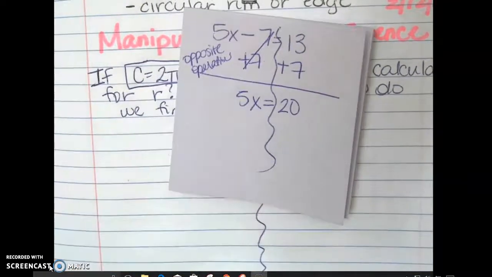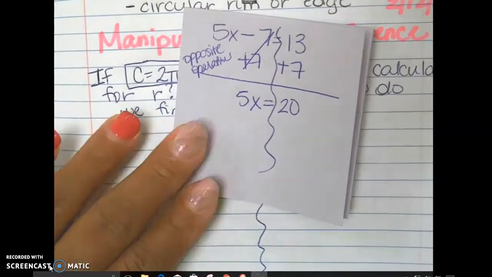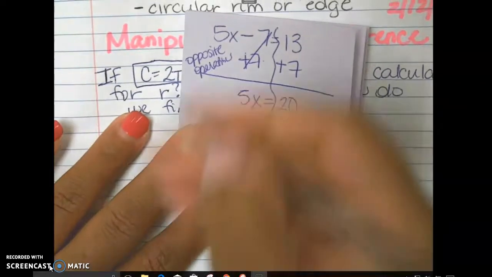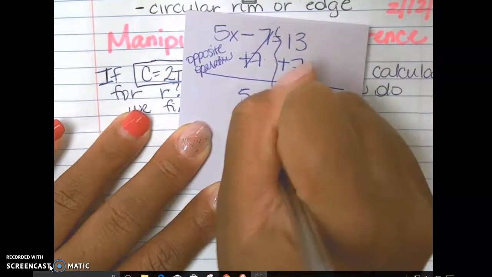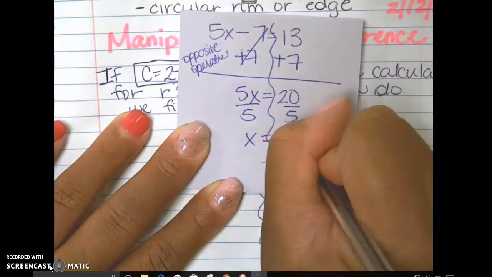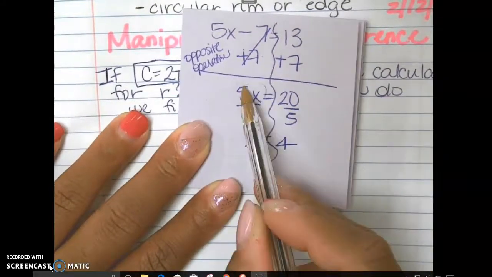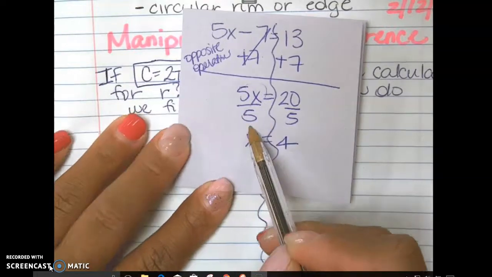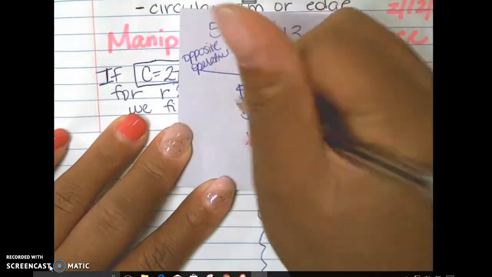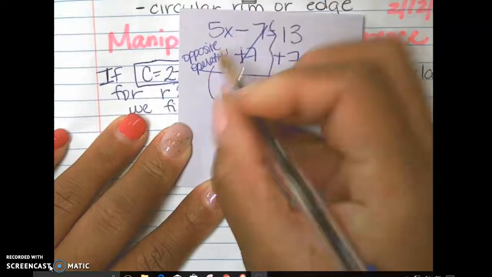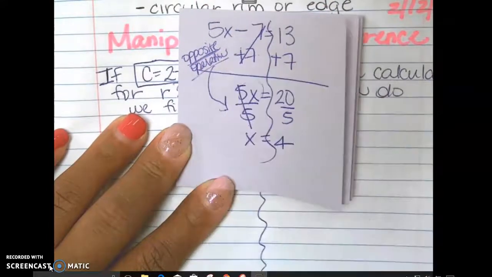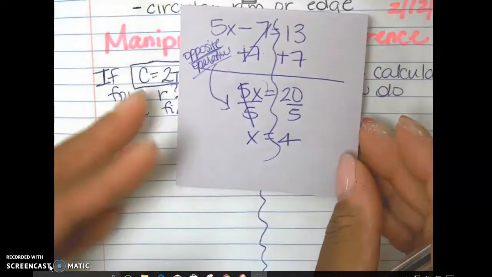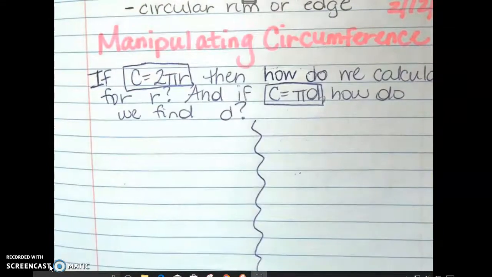Divide by 5 on both sides. X equals 4. Again, this is multiplication, and division means it's going to cross out, and it's also the opposite operation.